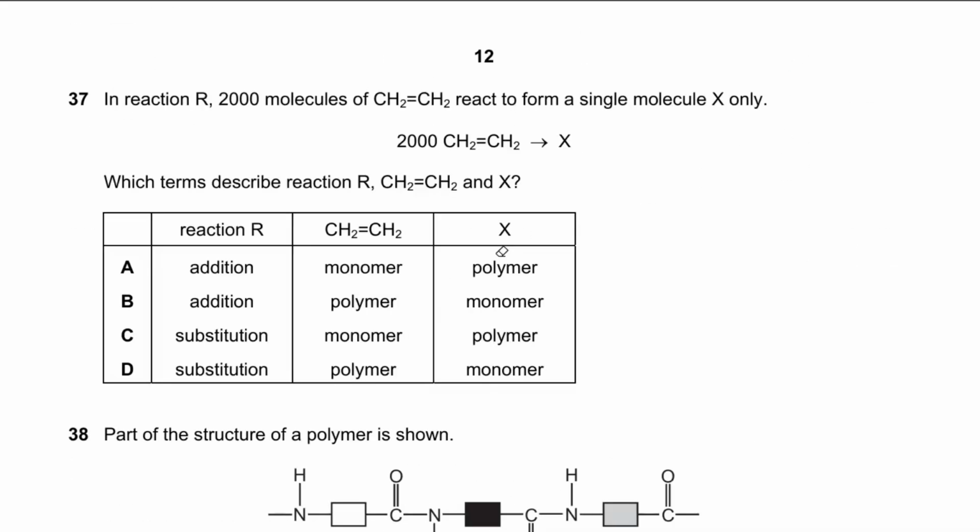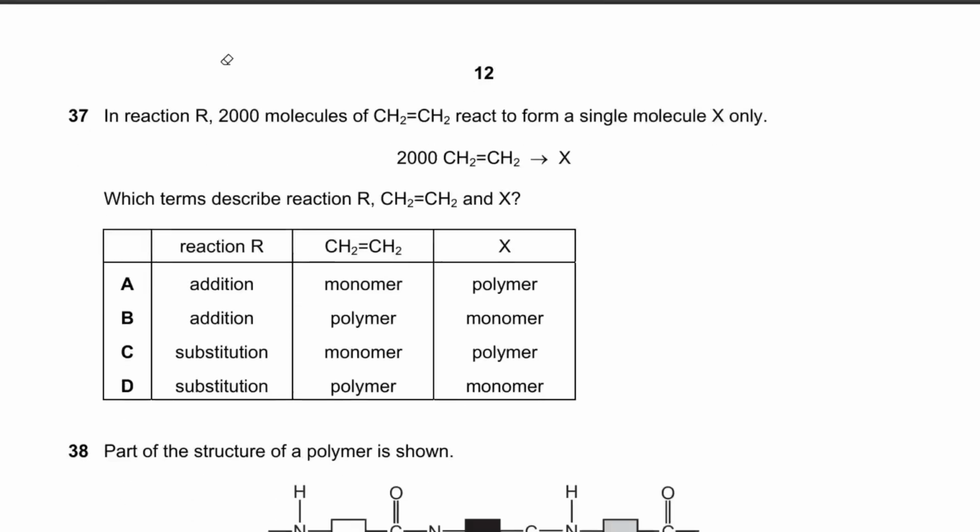Question 37. In reaction R, 2000 molecules of ethene react to form a single molecule X only. Which term describes reaction R? Ethene and X. So, since we are talking about 2000 molecules, that's polymerization. And the type of polymerization for alkene is addition polymerization.